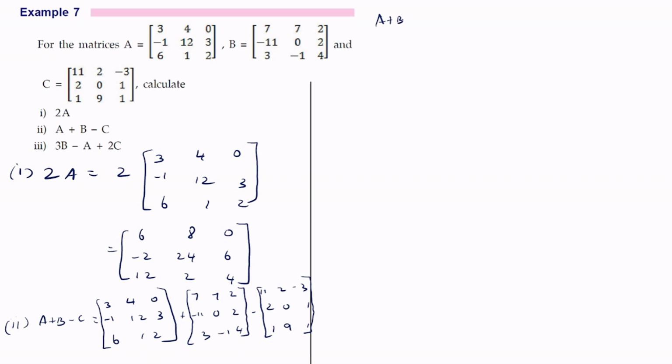So A plus B minus C is equal to, so here it is 3 plus 11 minus 3 plus 7 minus 11.